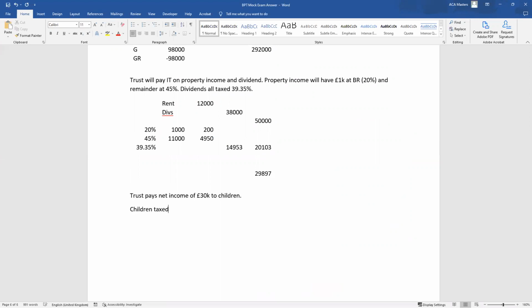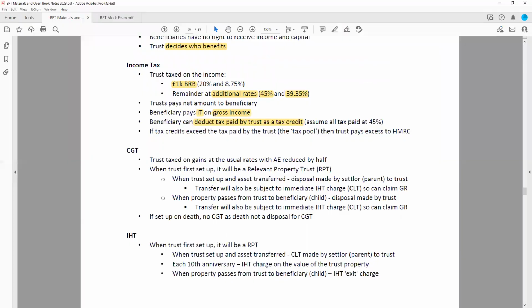Children taxed on gross amount with tax credit for income tax paid by the trust. So you could have got just a few points down there. You could even possibly have mentioned the tax pool, but yeah, just some of the main points really around trusts and how that would work.